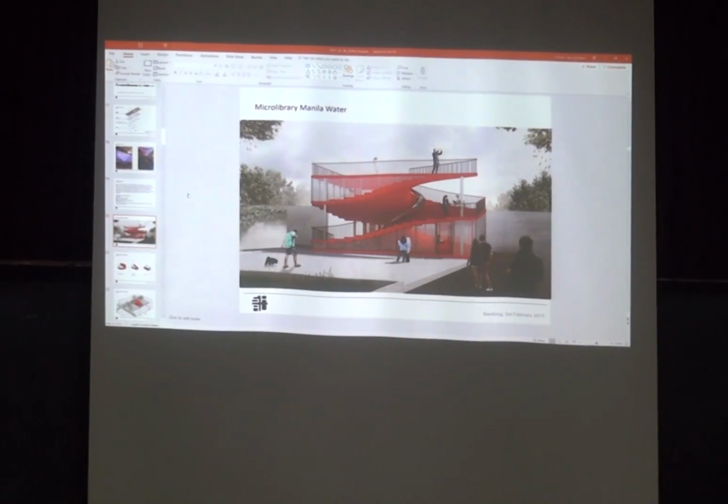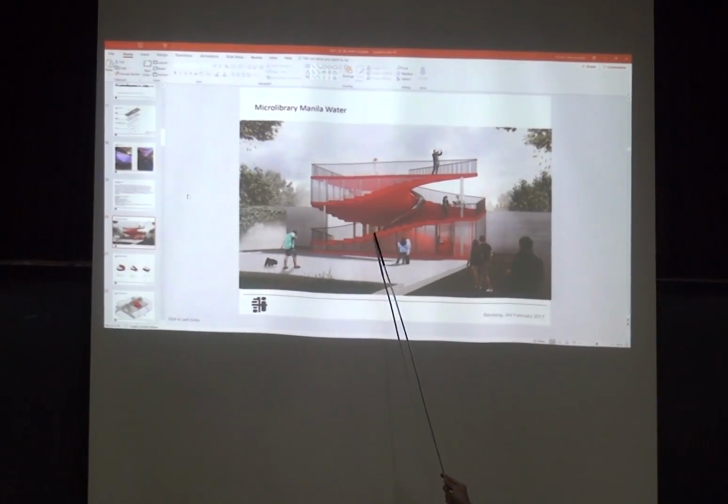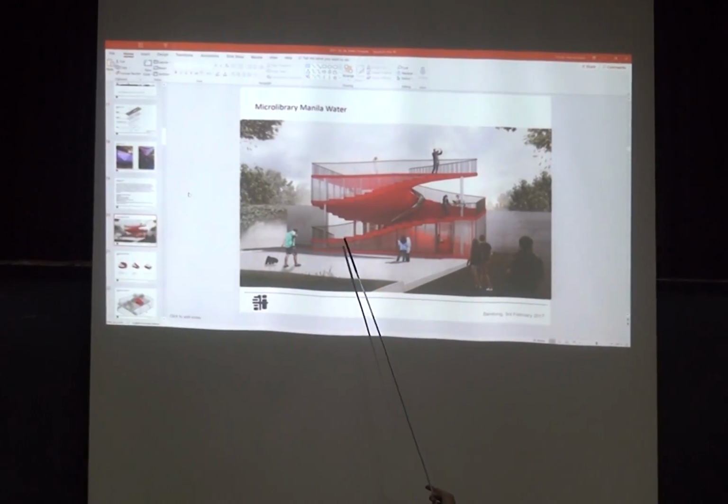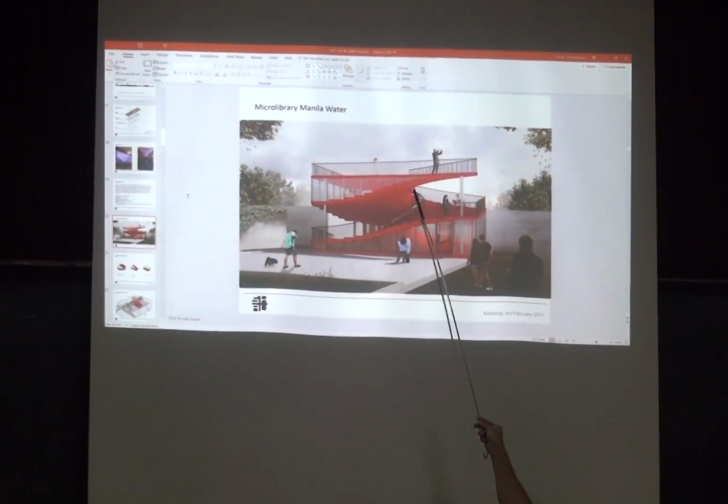So our first design was that one. This is much more sculptural and, maybe for some people, geometrically more interesting. We already had this idea of bringing a slide in here so we can lure all the kids into the library and then just run up here and slide down.